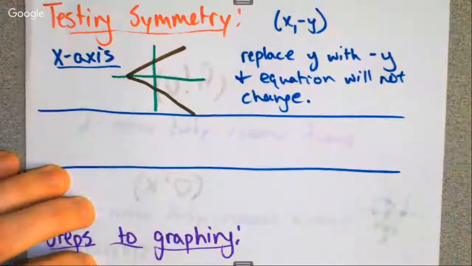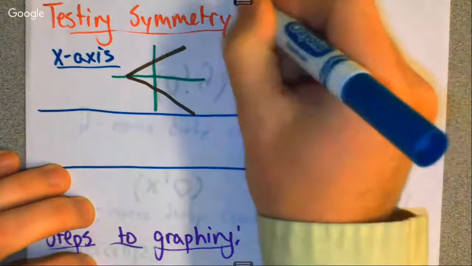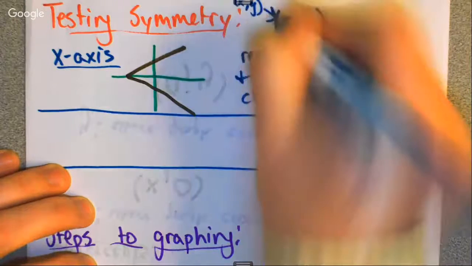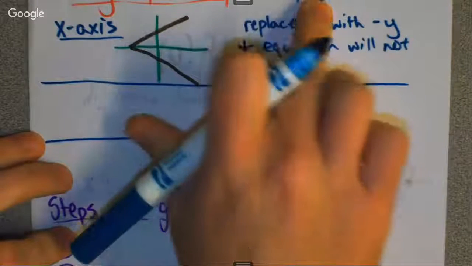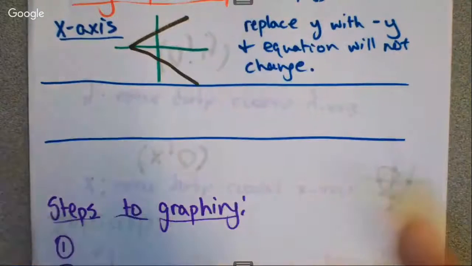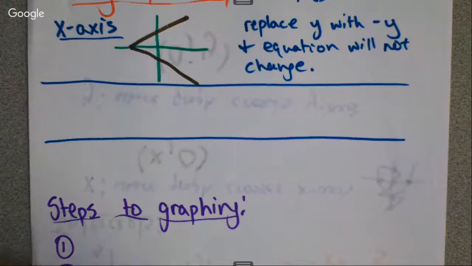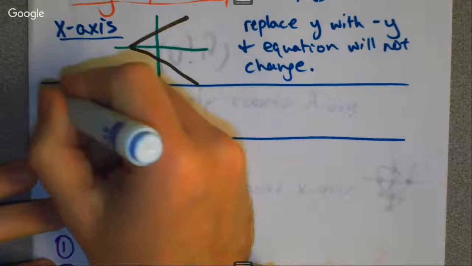A lot of times I may talk about something like (x, negative y). In fact, this comes from the transformation, a reflection, which is why you replace y with negative y and nothing will change. And then we have y-axis symmetry.